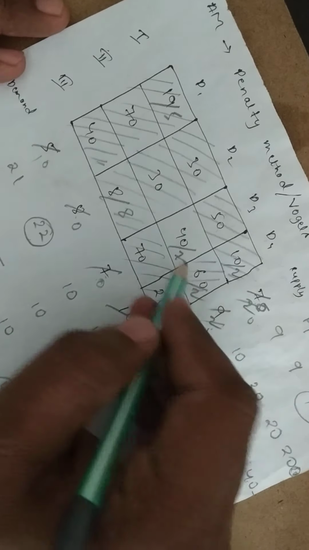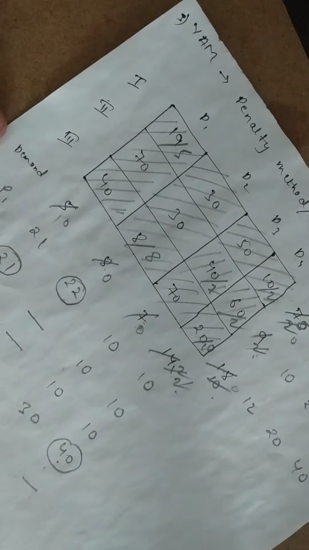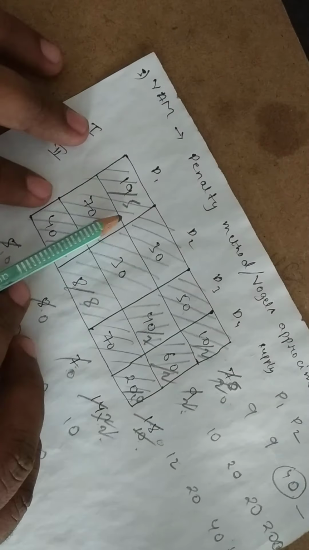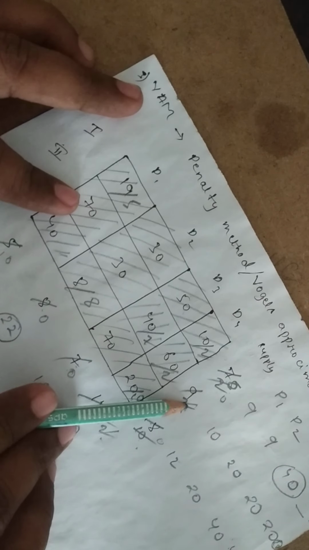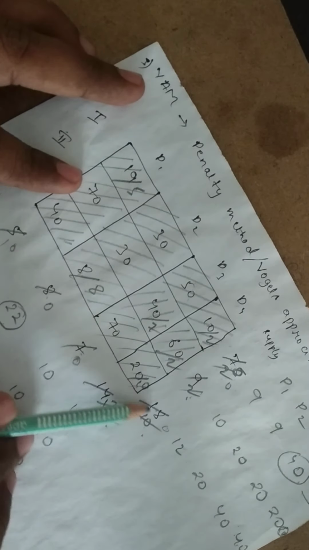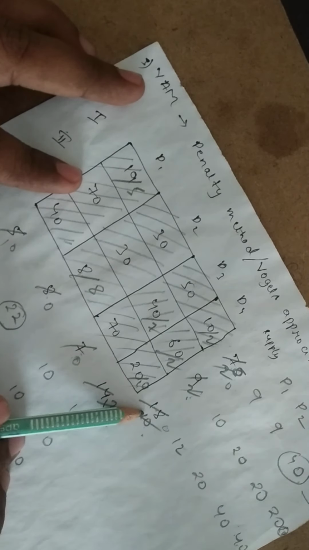Okay, now we'll do a calculation, just multiplying: 19 into 5, 10 into 2, 8 into 8, 14 into 7, 60 into 2, 20 into 10, that's one. So you'll get an answer. And there is one more method in order to get verification. 5 plus 2, that is 7, 7 plus 2, that is 9, 8 plus 10, that is 18, see, here we did some mistake, I guess.